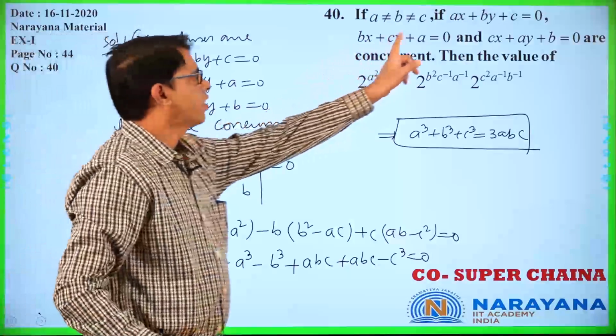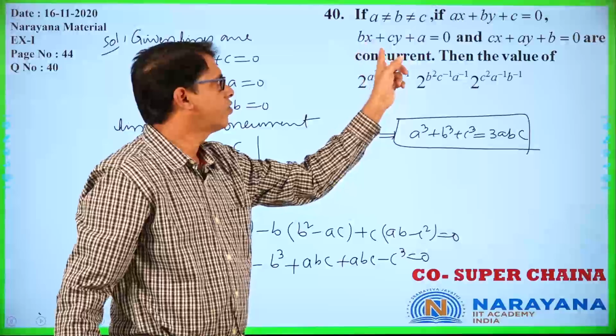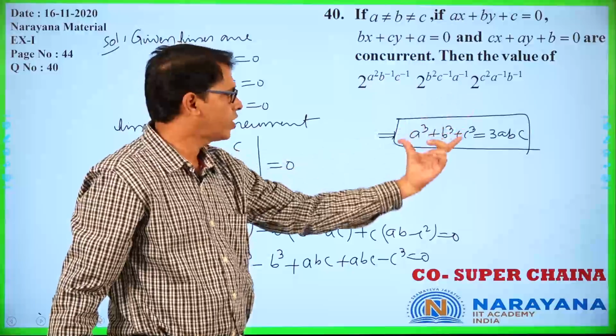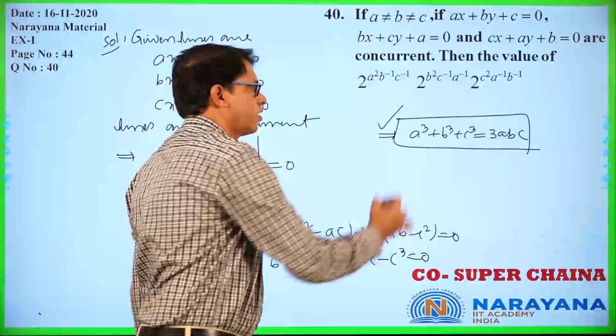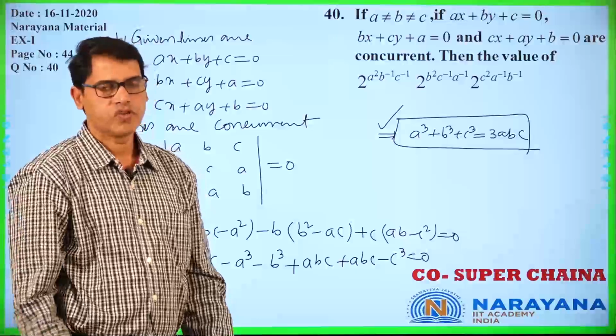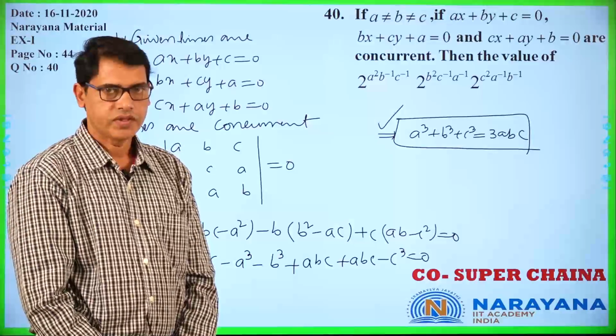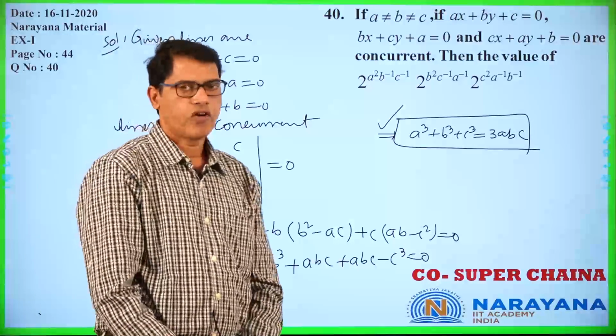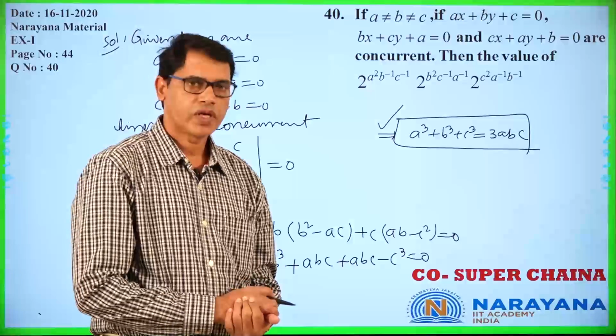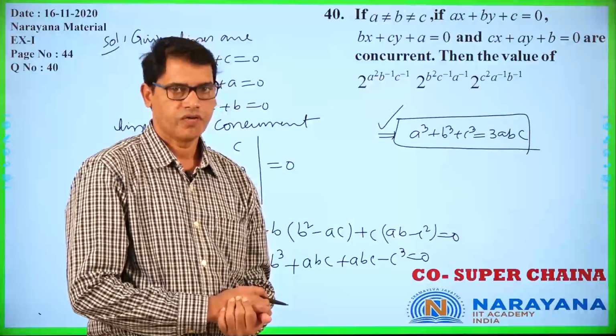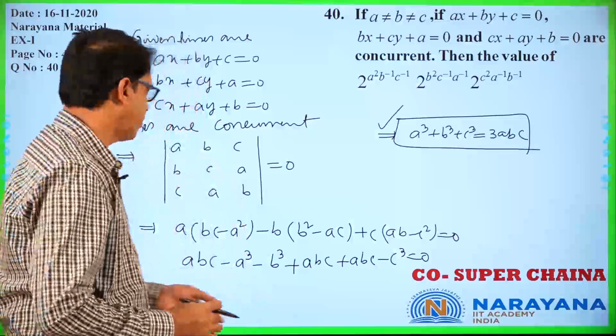Here ax plus by plus c equals 0 and bx plus cy plus a equals 0 are concurrent, then what is the condition? a cube plus b cube plus c cube equals 3abc. Then from this we have another result: a plus b plus c equals 0.